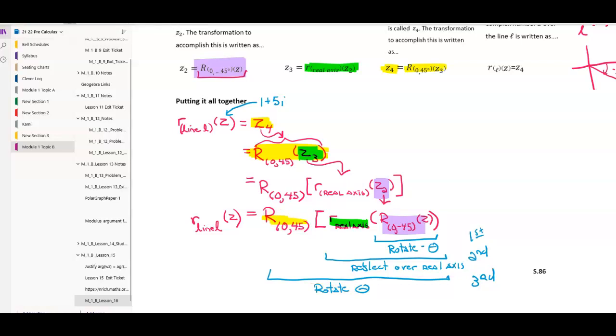That's green. This should be green right here. And then third was this. You're working your way from the inside out. All right, we'll stop there and we'll pick up with this.